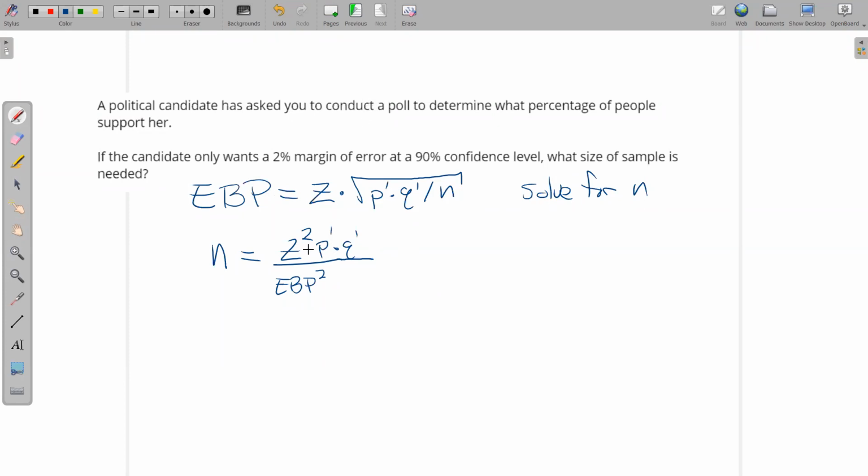So the safe thing to do, if no other information is known, so if no previous proportion is known, then what we do is assume 50%.